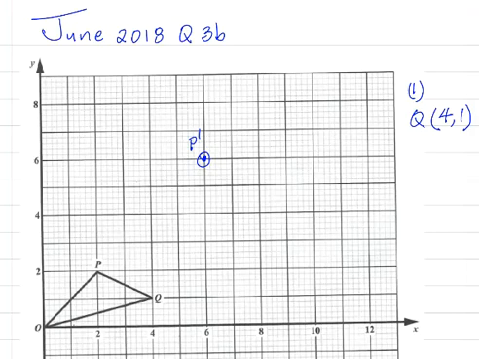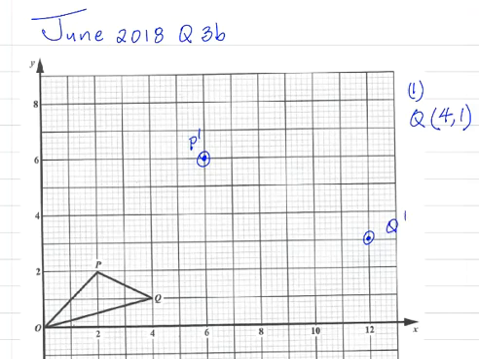From the center, the origin, to Q, I must go 4 right and 1 up. If I triple that distance, I'm going to go 12 right and 3 up. So 12 right and 3 up will carry me here. That's the new position of Q. So this is Q prime.